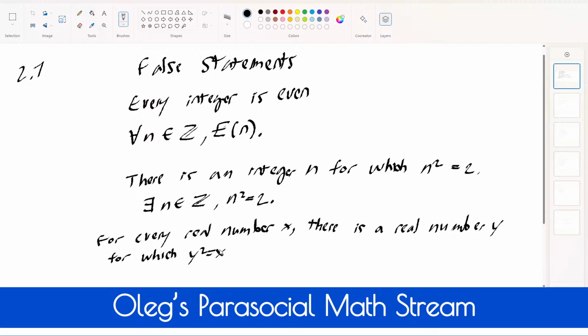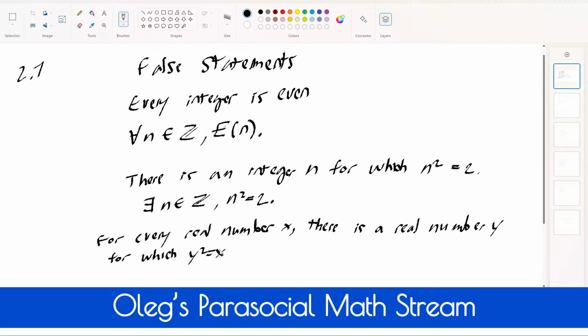So like if x is pi, then y is the square root of pi. That's probably how you would prove that. I mean, I don't know. Let me think about this. Oh, no. It's simpler than that.